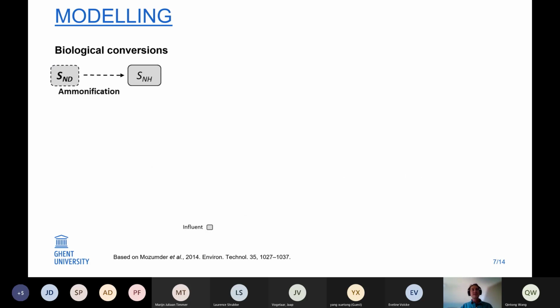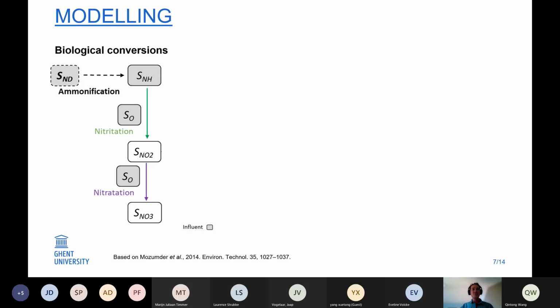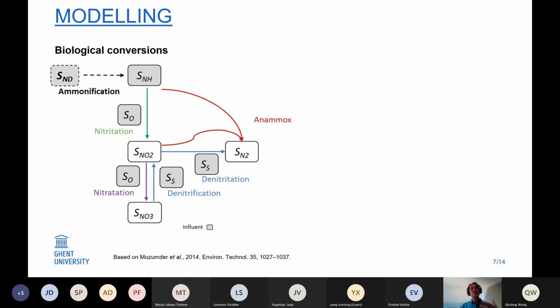Okay, then we kept these experimental indications in mind and came to the model. In order to do this, we developed a modeling structure based on a previously published model structure in our group. We adapted it, considering the inclusion of an ammonification step, followed by a 2-step nitrification process, and also taking into account heterotrophic denitrification and anammox.